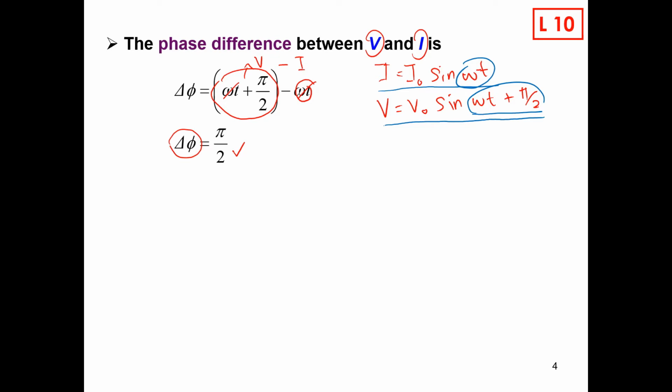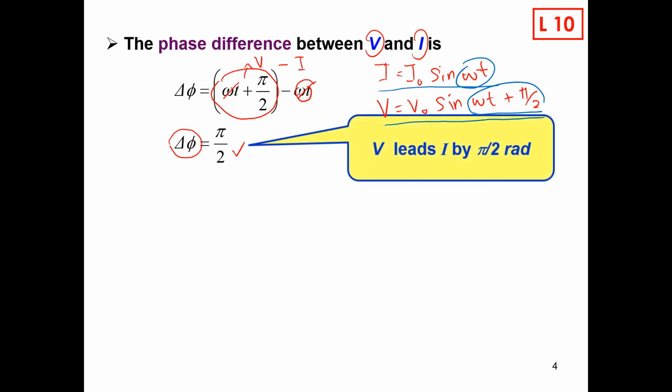What does it mean? It means VL leads I by pi over 2 radian. We can also see this from the phasor diagram. The phasor for the voltage across the inductor, VL, points upward, and the phasor for the current is horizontal.